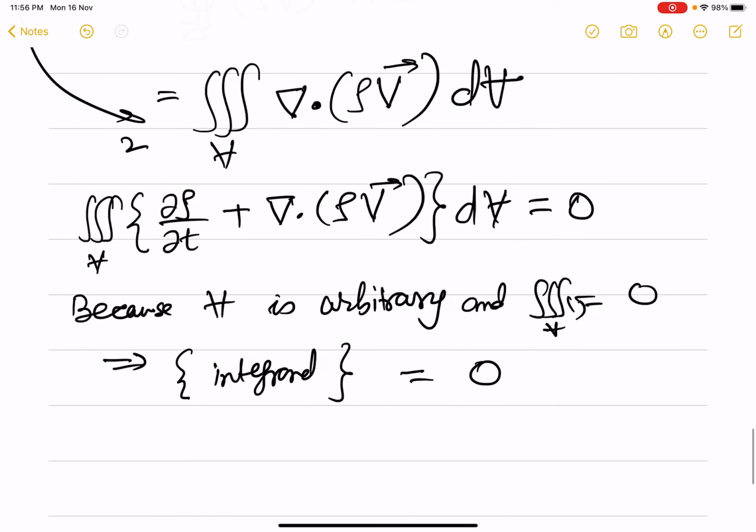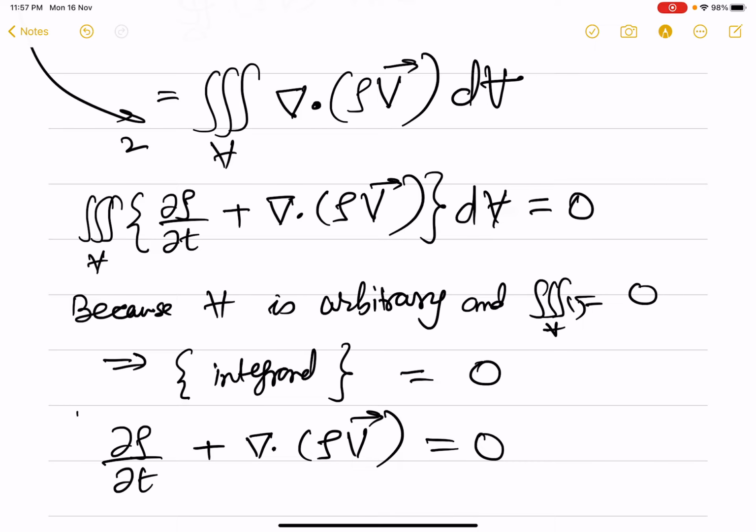Another way of looking at it is, you say you shrink this volume to a point and then also this should be valid. And so this gives us that the integrand, which is partial rho by partial t plus divergence of rho v, is equal to 0.